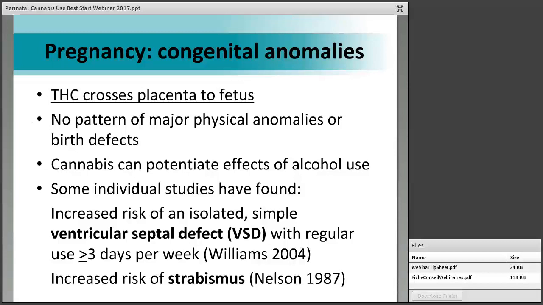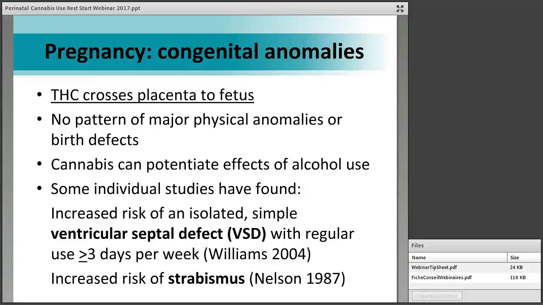In one paper dating back to 1987, they also found an association with an increased risk of strabismus, or being cross-eyed. In this study, they asked moms of kids who had been diagnosed as cross-eyed whether they had used specific substances in pregnancy. So women had to recall their exposures.